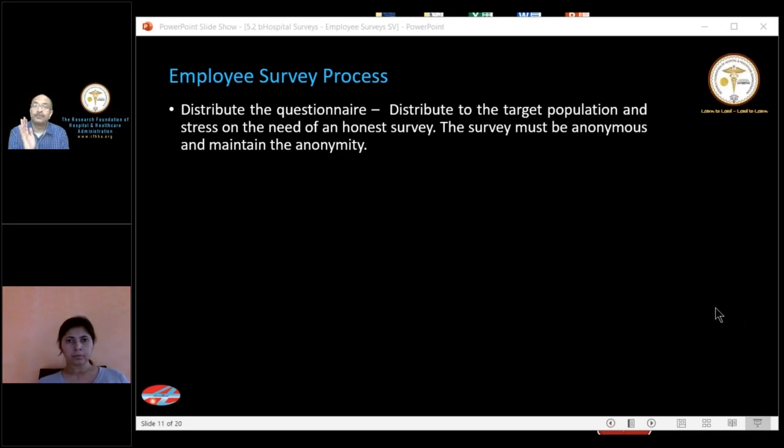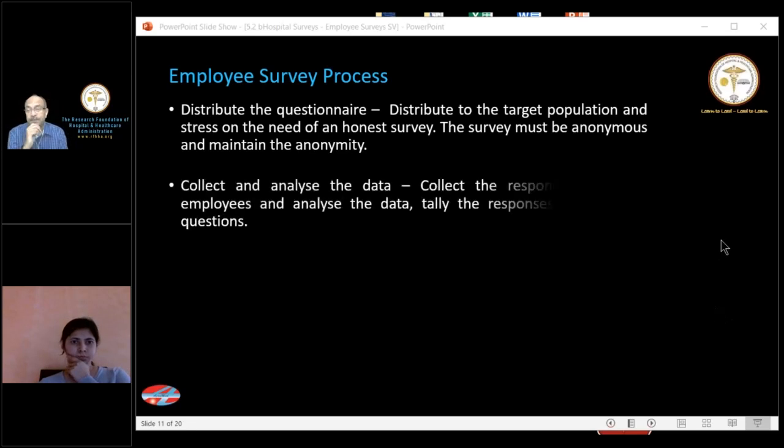So this is distributed to the target population with stress on the need for an honest survey. This survey must always be anonymous and should maintain the anonymity of the person responding and the anonymity of the person collecting, because there also can be a little element that may affect your responses.